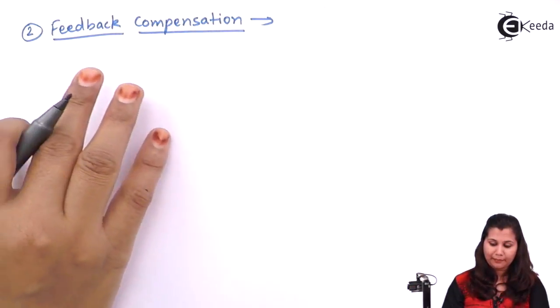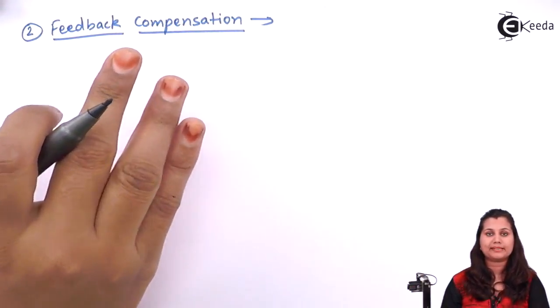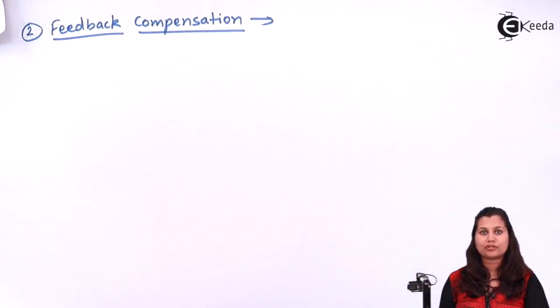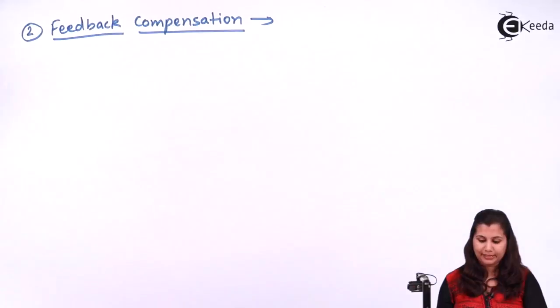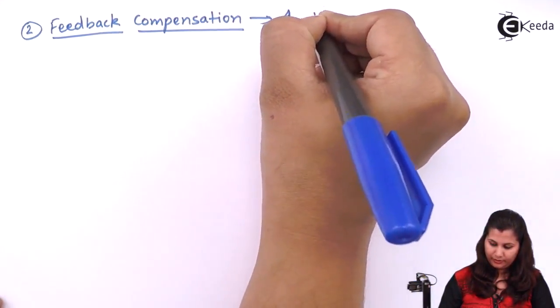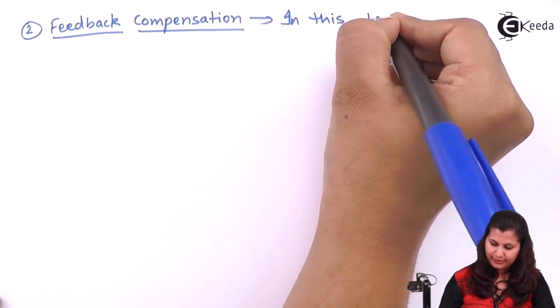In feedback compensation, if we are adding the compensating network in the feedback path, then that type of compensation is called feedback compensation.